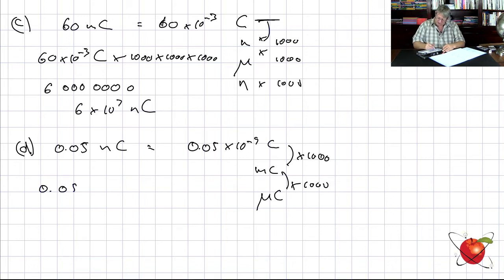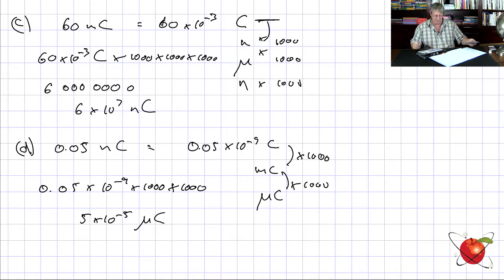So it's going to be 0.05 times 10 to the minus 9 multiplied by 1,000 multiplied by 1,000, and essentially that is going to give us 5 times 10 to the minus 5 microcoulombs. All right, got that?